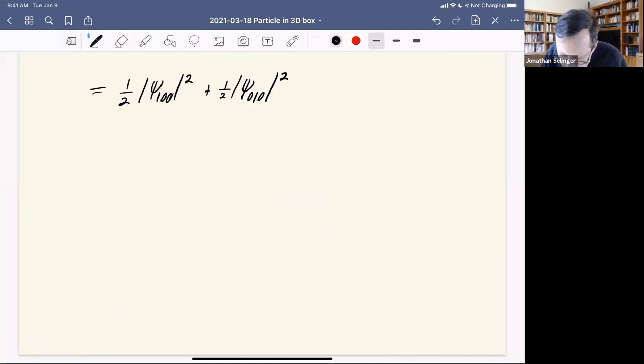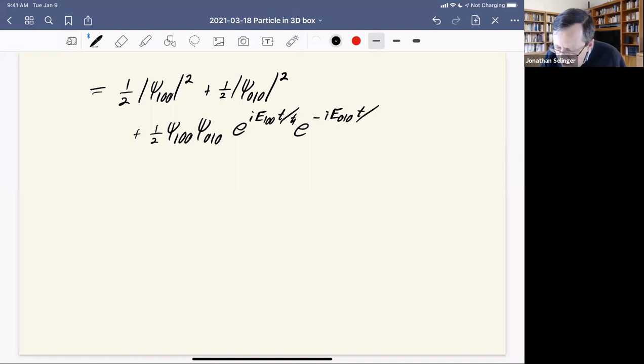It is plus 1/2 psi 1, 0, 0 psi 0, 1, 0 times e to the i E 1, 0, 0 t over h bar times e to the minus i E 0, 1, 0 t over h bar. If these energies were different, that would give you some time dependence, right?